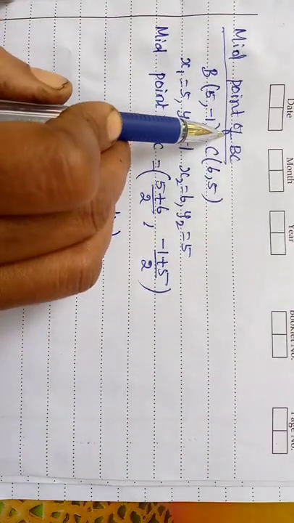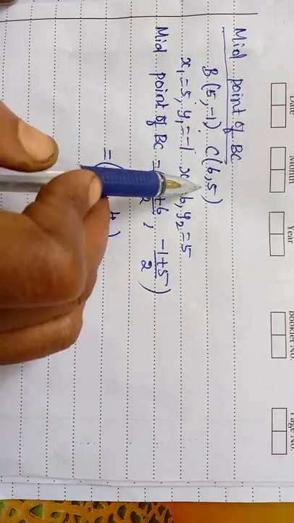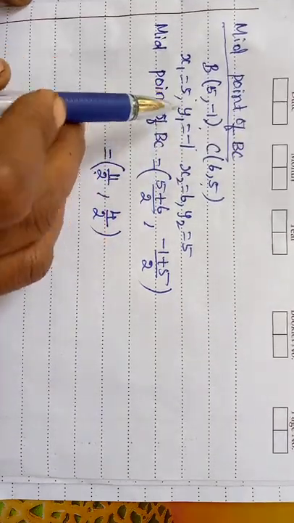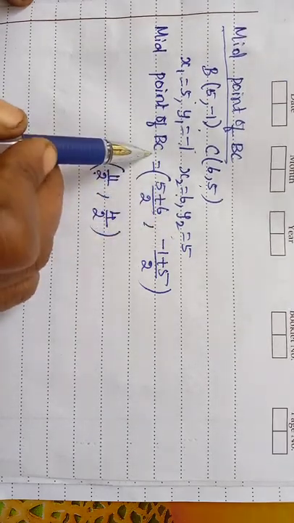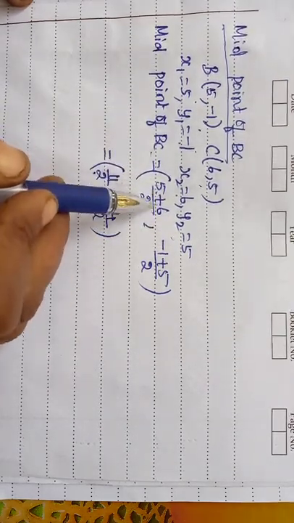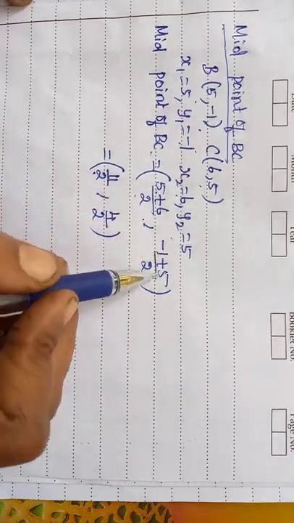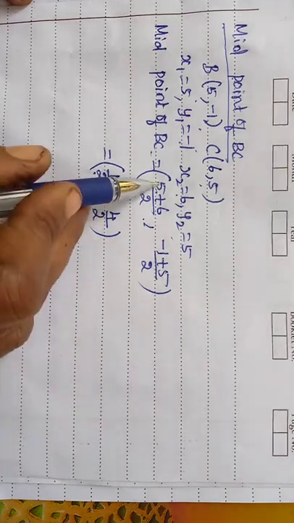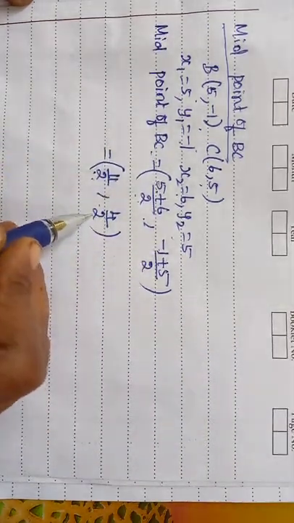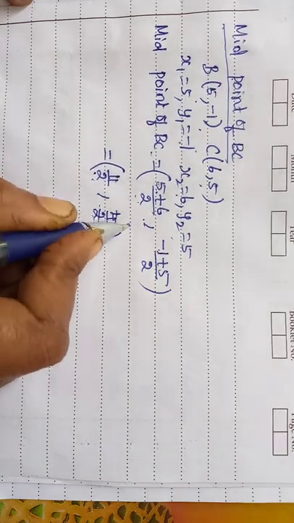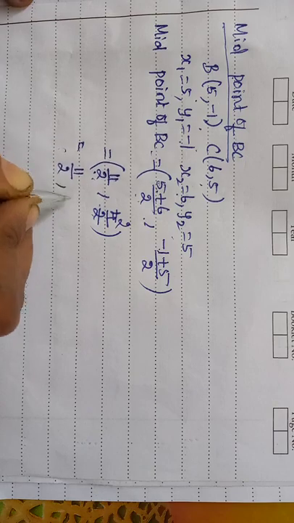Similarly, we have the midpoint of BC, that is B of 5 comma minus 1, C of 6 comma 5. So x1 is 5, y1 is minus 1, x2 is 6, y2 is 5. Midpoint of BC equals 5 plus 6 by 2 comma minus 1 plus 5 by 2, that is 11 by 2 comma 4 by 2, which is 11 by 2 comma 2.